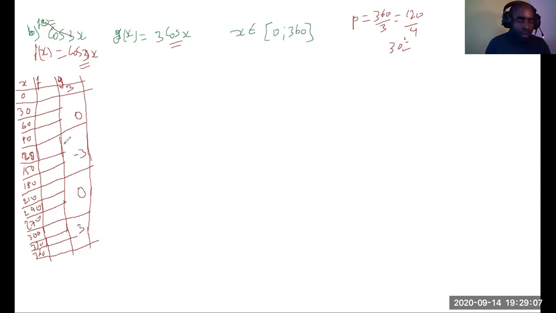And then the other one now, which will give me plenty of elements. At 0, I have got 1. Then I've got a 0. Then I've got negative 1.